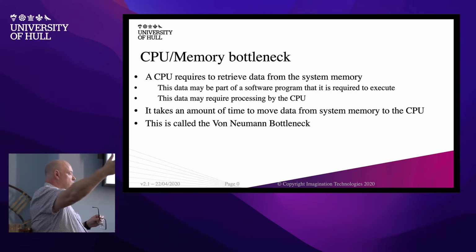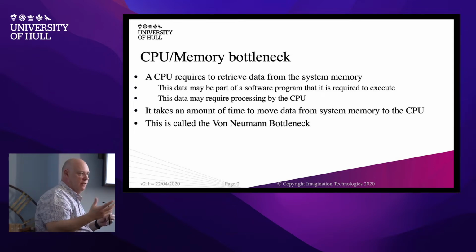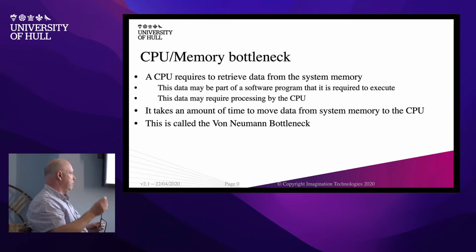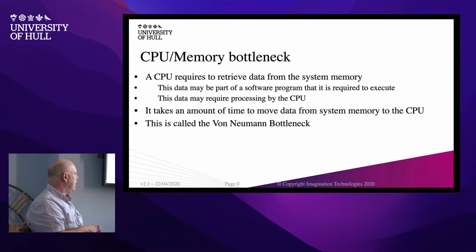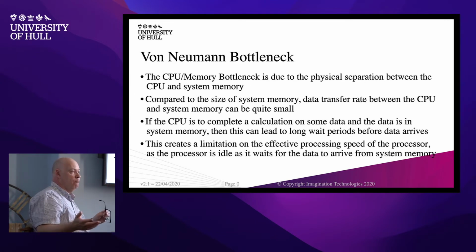Now, a CPU needs to get hold of that data, whether it's the actual code that it needs to execute, or some data that it needs to process. So an amount of time is needed, it's not instantaneous, to get that data from system memory to the CPU. This is referred to as the von Neumann bottleneck, and it's because there is a physical separation between the system memory and the CPU.